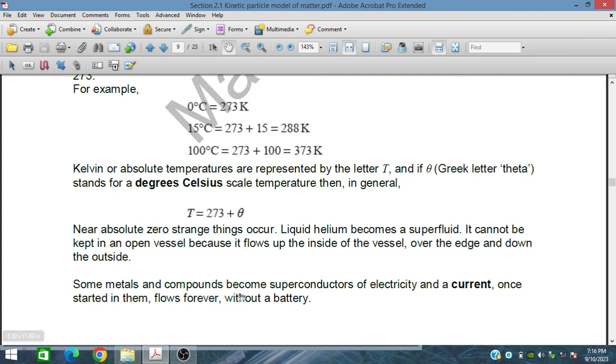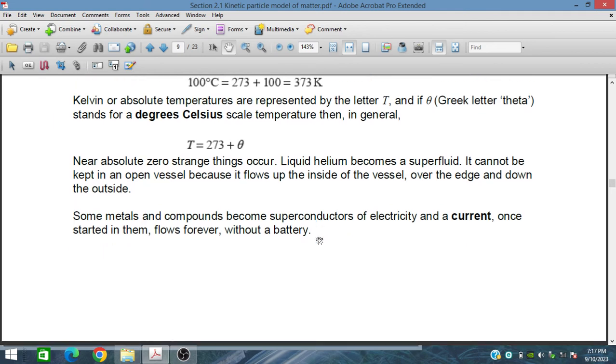Some metals and compounds become superconductors of electricity, and current once started in them flows forever without a battery. If we decrease the temperature, the material becomes a superconductor.